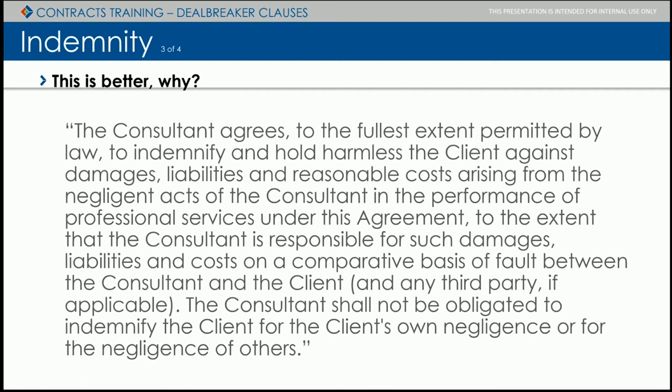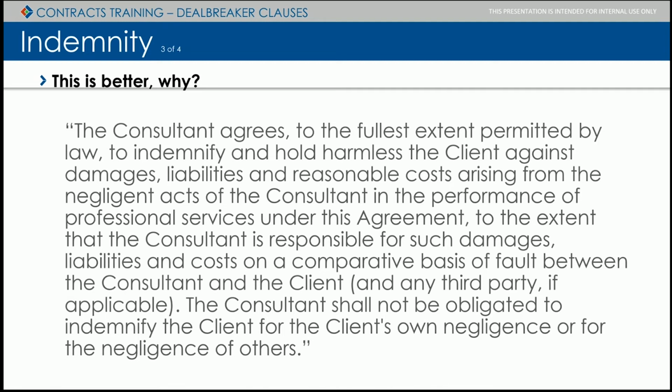If we're not careful about that, we can take on other people's liability and other parties' percentages of liability. So that's a kind of a real world example of why this actually matters. It's not just a mumbo jumbo type thing. And that last sentence you can see is something standard. We're not obligated to indemnify the client for their own negligence, and or the negligence of others.